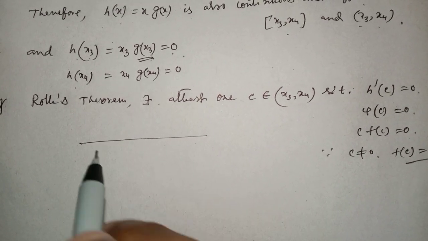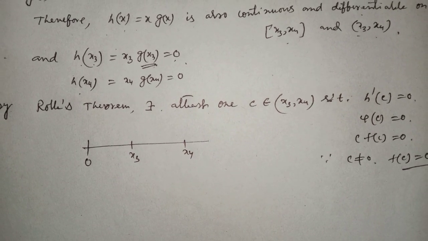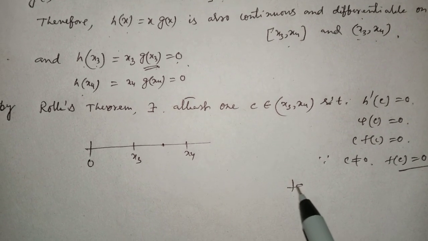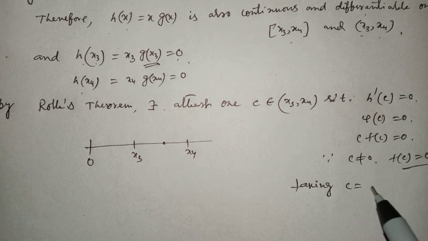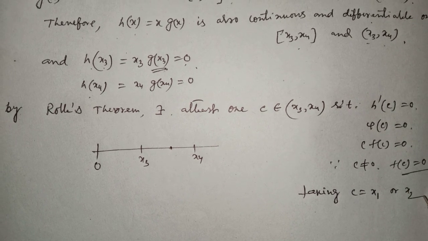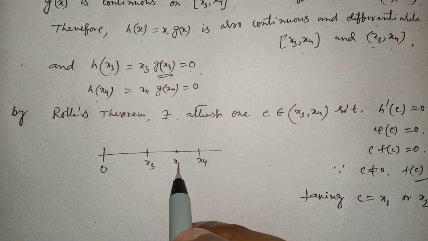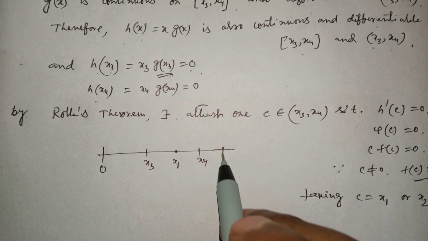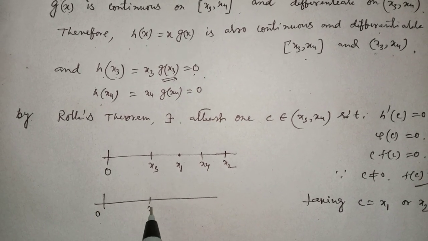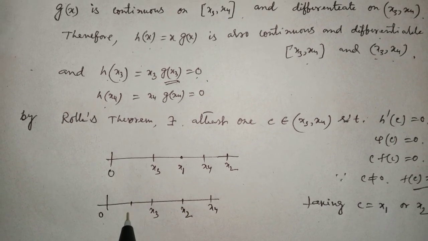Therefore in the interval x3 x4 there exists a point C, taking C equal to x1 or x2. That is, if we take x1 here, then obviously we get x2 here, or if we take x2 here, then we get x1 here.